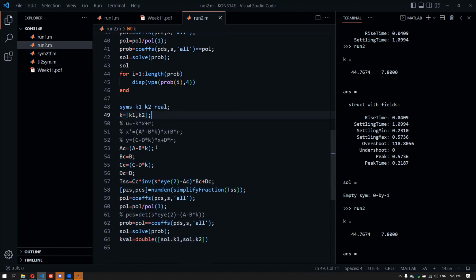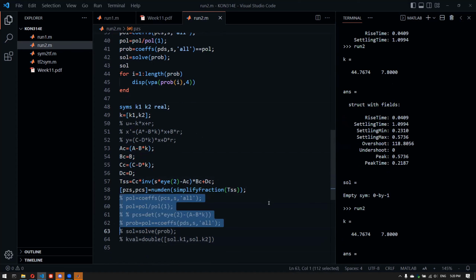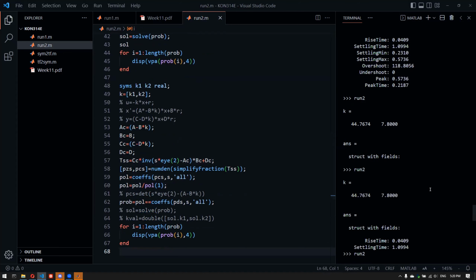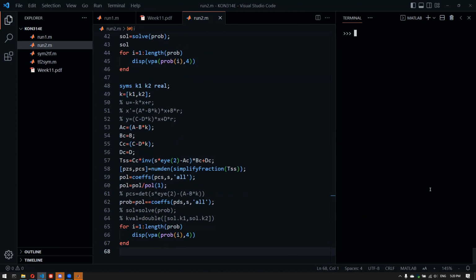So I'm just going to do the stuff here and just show Pzs. I'm not really interested in the whole solution. I just want to see what the problem looks like. Oh, actually, maybe here. So let me copy this part here, and let me put it here. I'm looking at the problem.